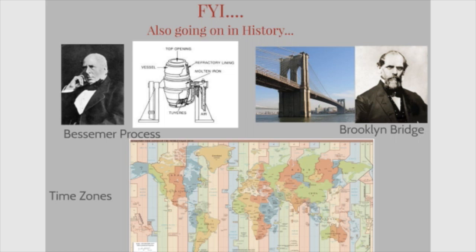So if it was 1 o'clock in Newark, it could easily be maybe 1:30 or 2 o'clock in Philly. Each town was doing their own thing. So when you're trying to set a train schedule, it was difficult if every single town is doing their own thing. So they created this time zone, 24 zones, one for each hour of the day, to make everything universal so that everybody was on the same page, and they could set up a train schedule that would run efficiently and effectively.